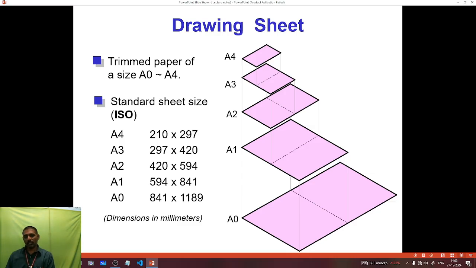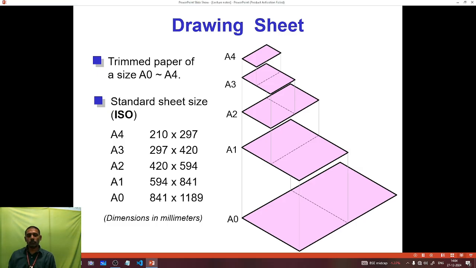These sheets are set in the ISO standards. What are 210 and 297? This dimension is the breadth and length of the drawing sheet. The A4 sheet is 210 by 297, where 210 is the width of the paper and 297 is the length of the paper.